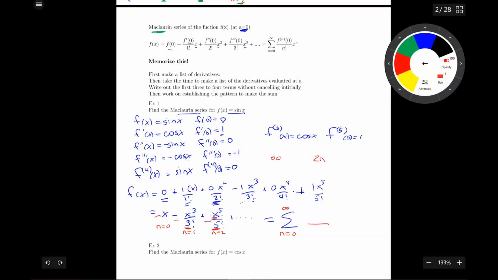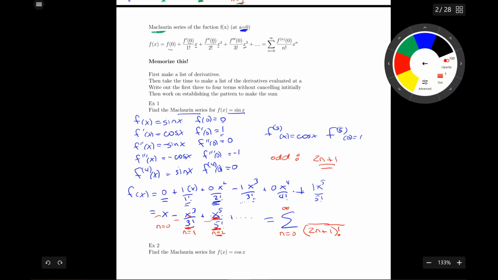Remember, if I want odd, I want to use 2n plus 1. So this is odd, correct? So when I plug in n equal 2, 2n plus 1 will give me 5, and this is really important. You must put the parentheses there to say 2n plus 1 factorial. Plug in n equal 1, that gives me 3 factorial. Plug in n equals 0, that gives me 1 factorial, which is just 1.